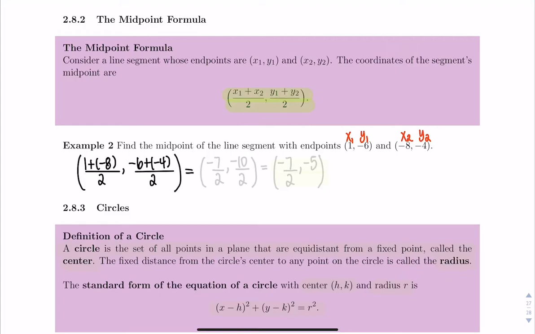And then we just want to go ahead and simplify this. 1 plus -8 is -7 over 2. And -6 plus -4 is -10 over 2. And we can't really simplify the -7/2, but we can simplify the -10 over 2. So our midpoint is -7/2, comma -5.